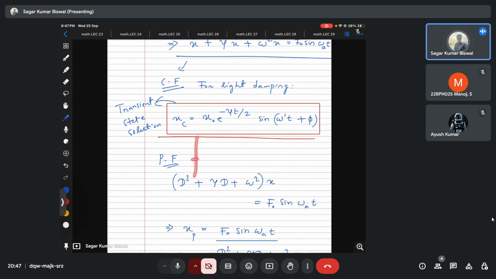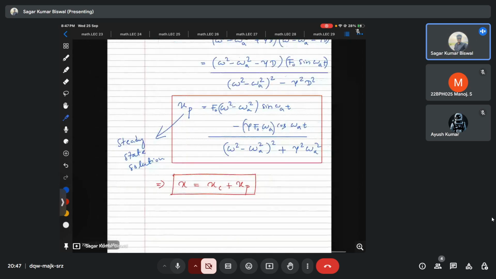So the oscillation will start, and eventually it will die out. Then after some time, when it dies out, this term will dominate. Initially it will start oscillating like this, it will die out, and then after some time it will just go like this.